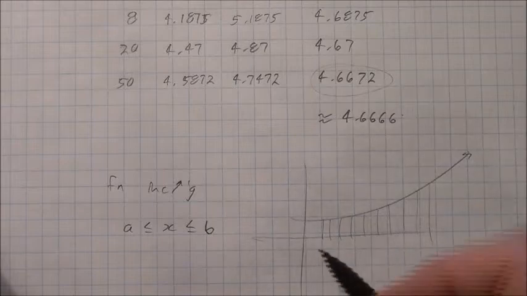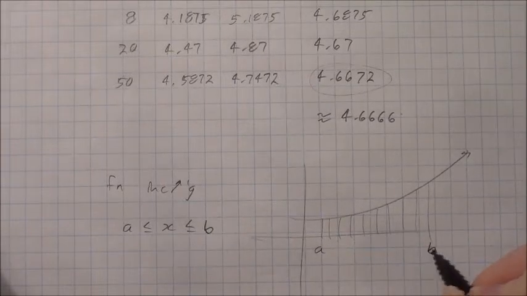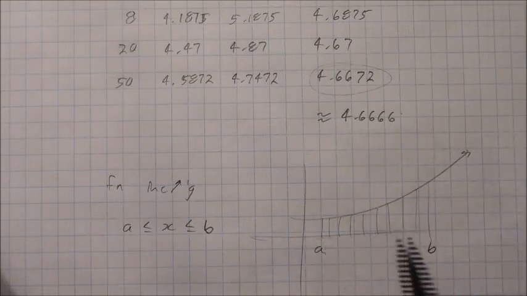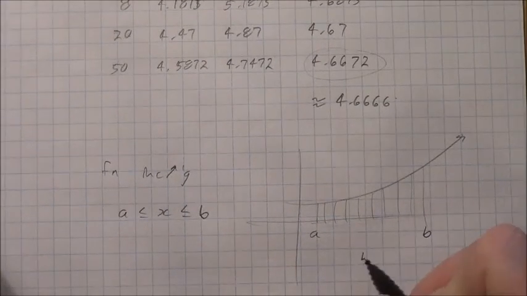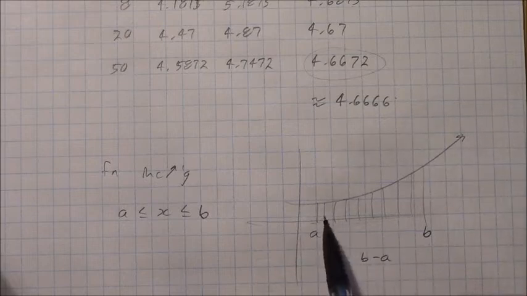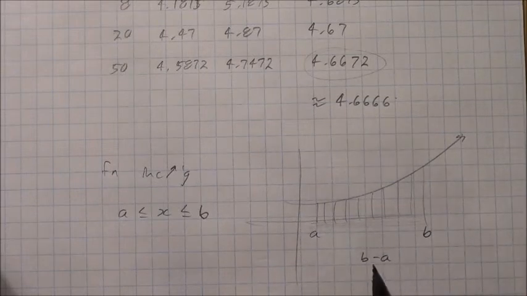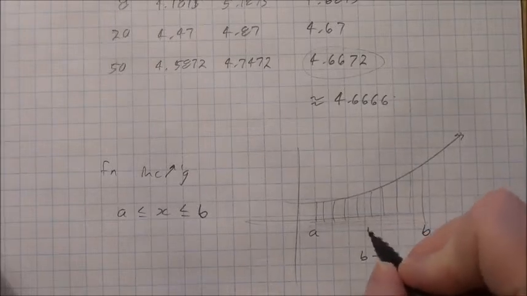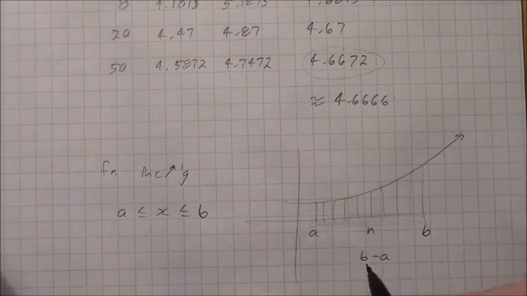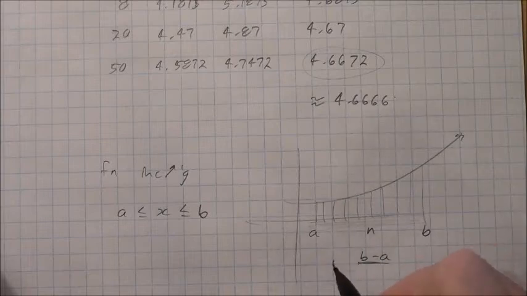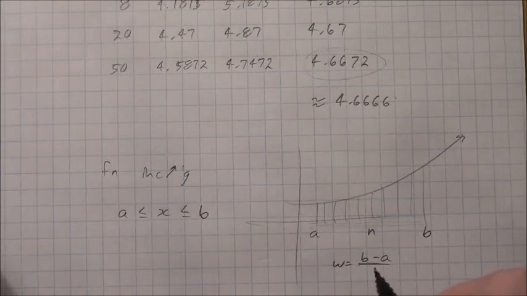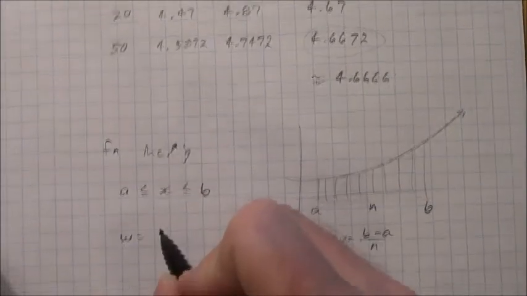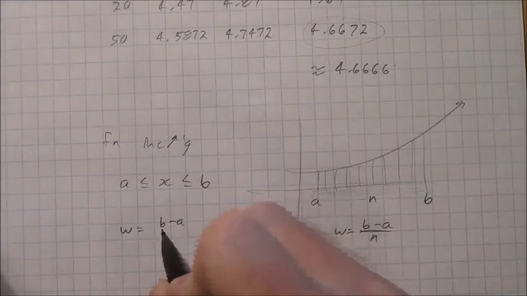If this is a and this is b, the distance between the two is b minus a, and if we divide that distance by the number of strips we have, suppose there are n strips, then each strip's width is going to be b minus a divided by n.